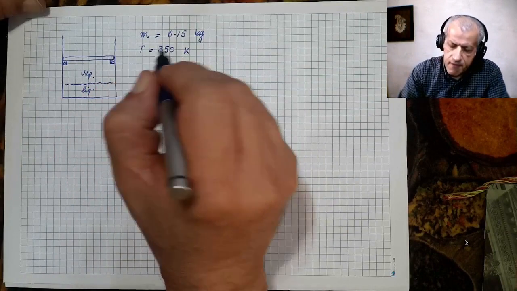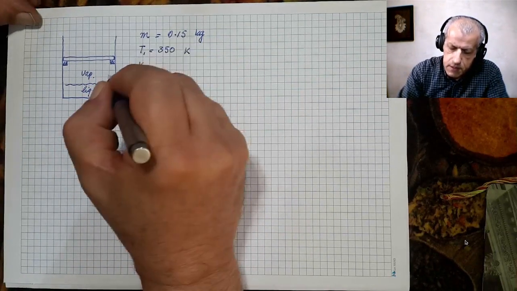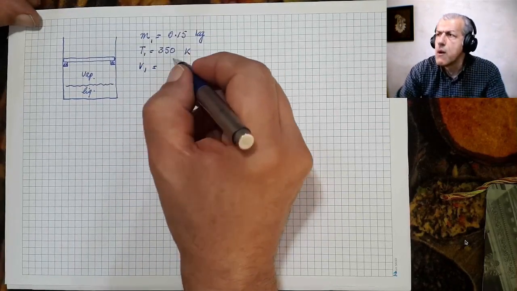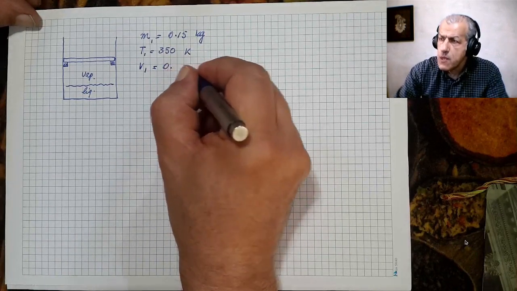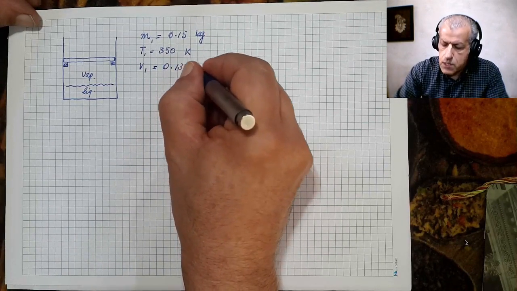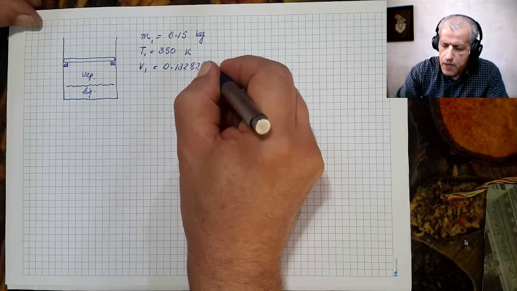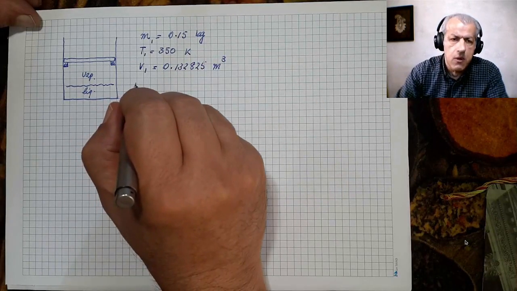Now, the volume V1 is 0.13285 cubic meters. That's the initial volume.